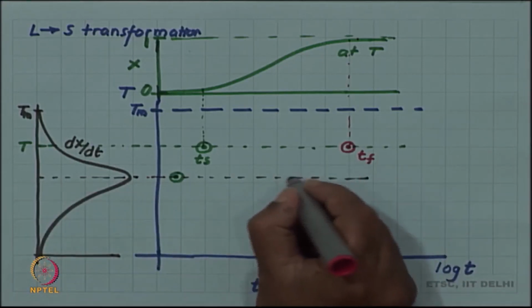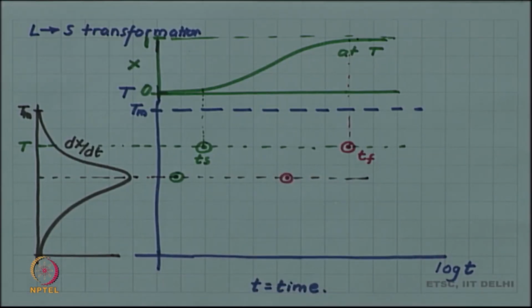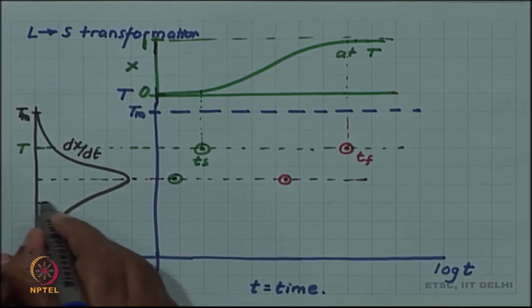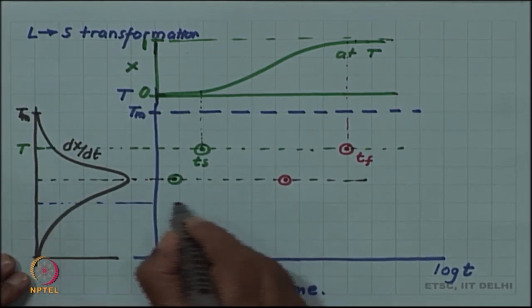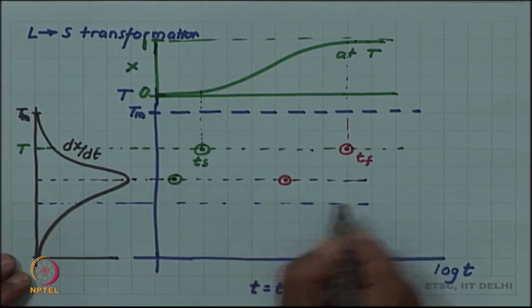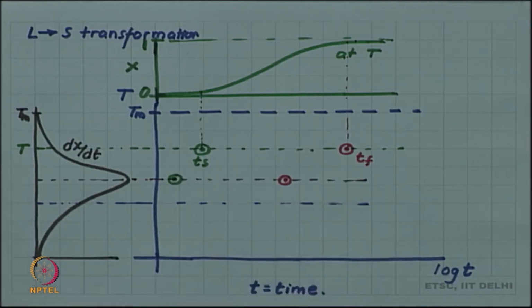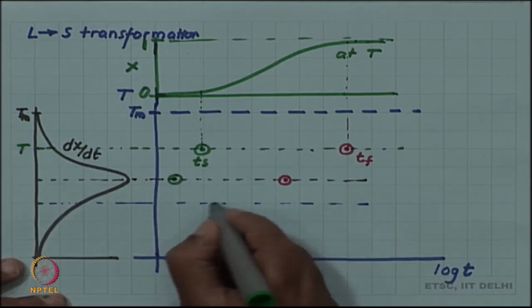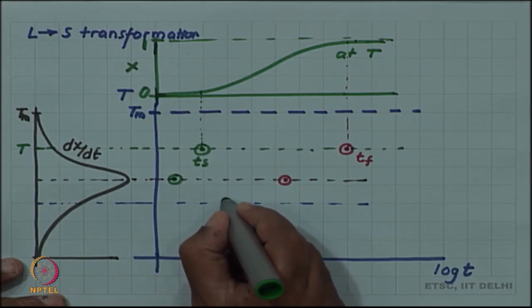So, the transformation will complete in the shortest possible time. It will start in the shortest possible time and will finish also in the shortest possible time. But if we go lower than this temperature, if we lower the temperature further, then the time to start and finish will again start increasing.